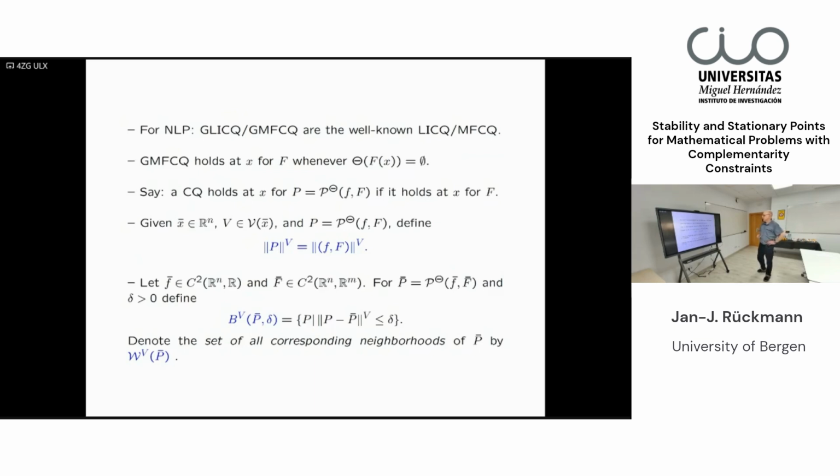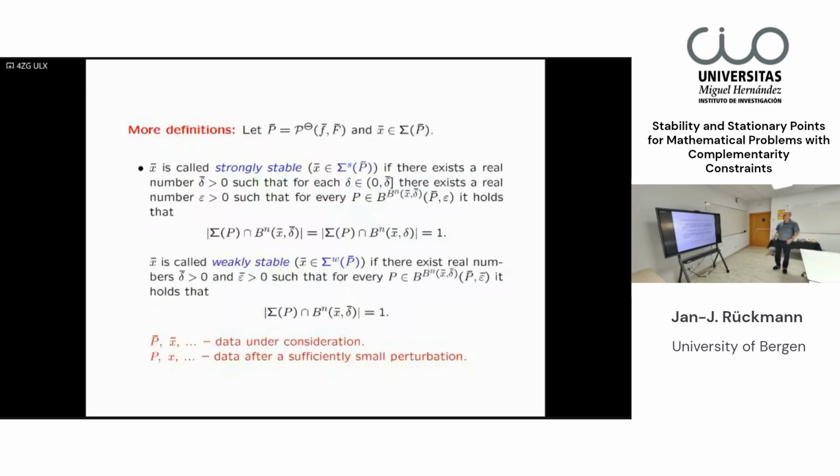Okay. So then we define here some topological stuff. If we are looking at perturbations, then of course we have to say how to measure them, and this is technical. Now let us define, taking over from Kojima, or generalizing this definition of Kojima, strong stability.